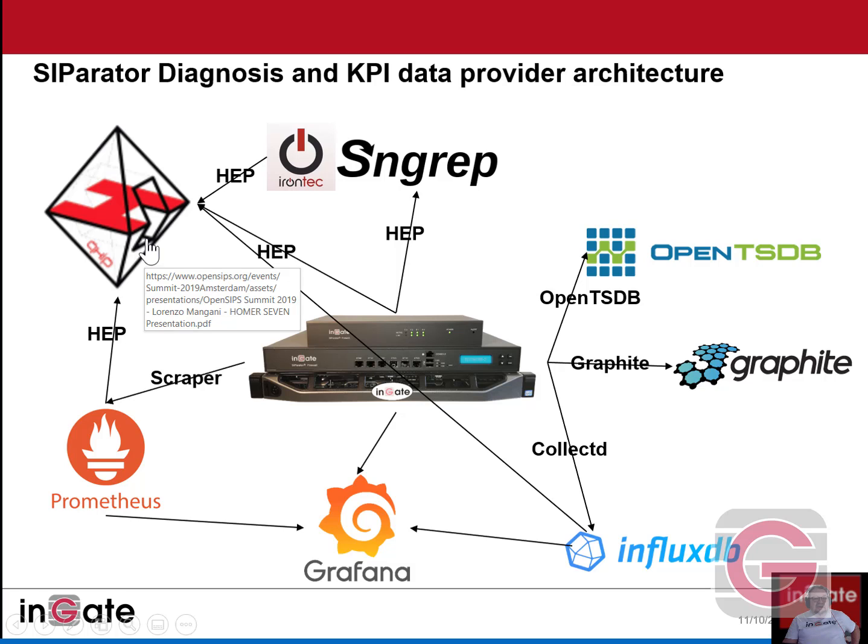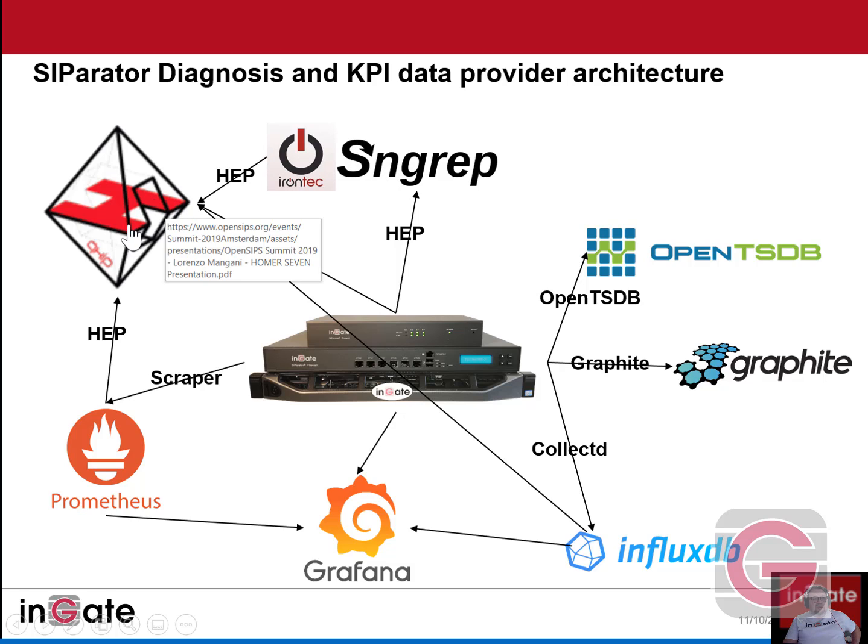So the SNGREP application can get HEP traffic coming from the Ingate. You can capture it on SNGREP and then forward that to Homer, or you can send directly from the Ingate using HEP to Homer.